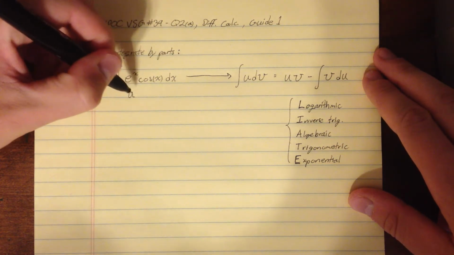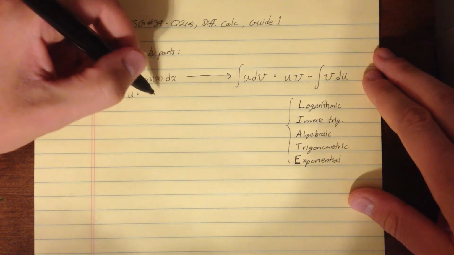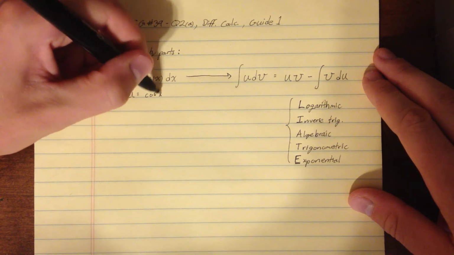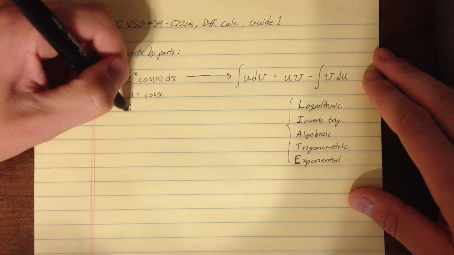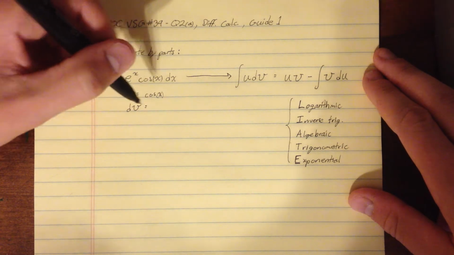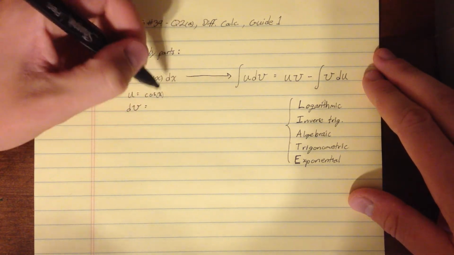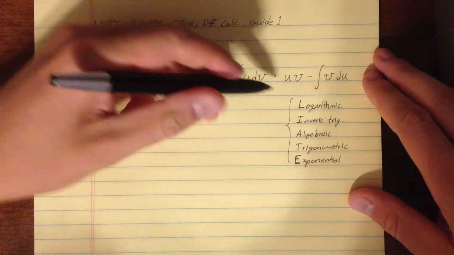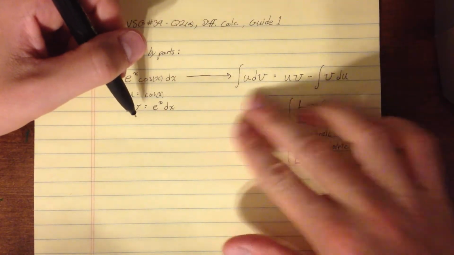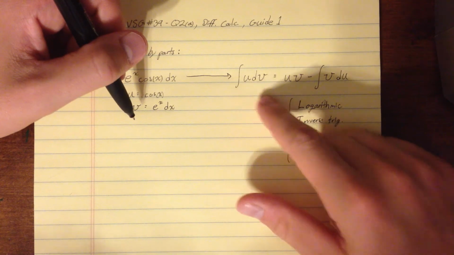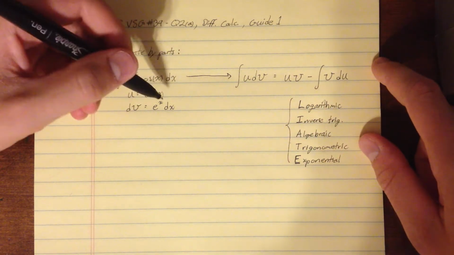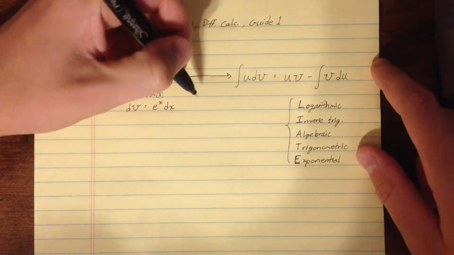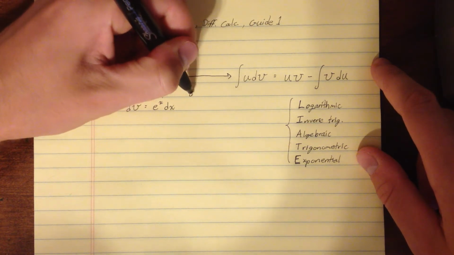So let's say u equals cosine of x, and dv equals e to the x dx, so that we can apply the integration by parts rule: the integral of u dv equals u times v minus the integral of v du. Let's look at what our du will be.